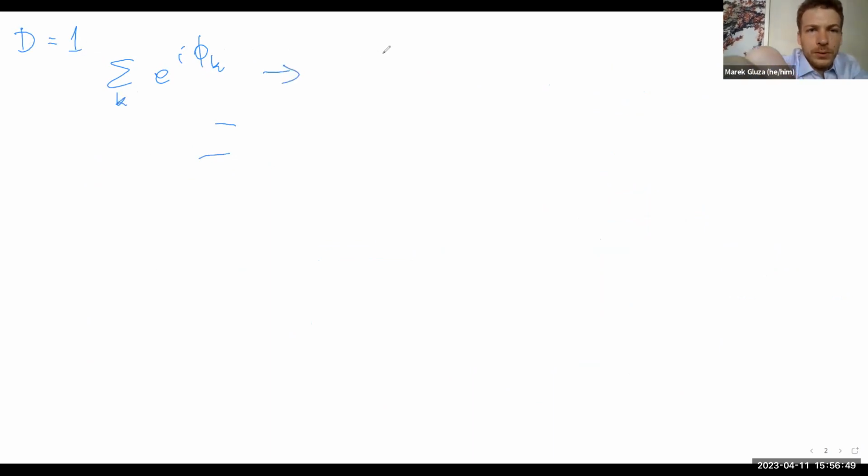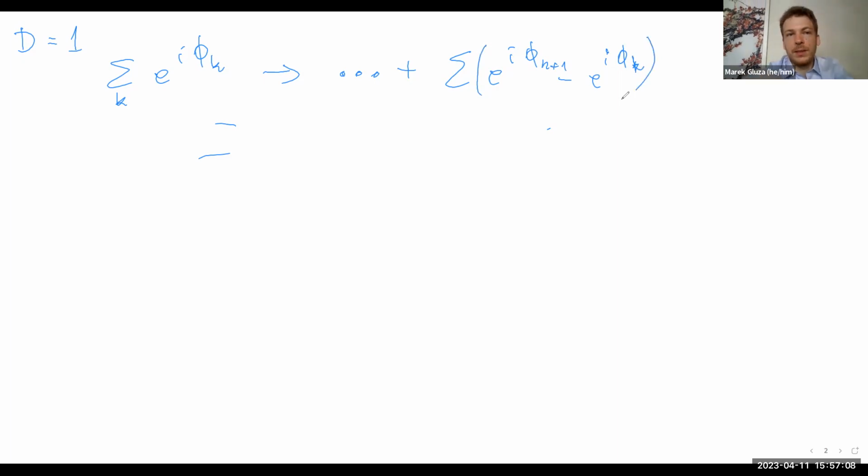Then it's also useful to change it into some boundary terms, and those boundary terms become important, and then some objects of this type, φ_{k+1}, e^{2iφ_k}. And then we would do the triangle inequality. So if we would have the absolute value here, we would get the absolute value here and absolute value here, okay? So I can just remove those brackets.